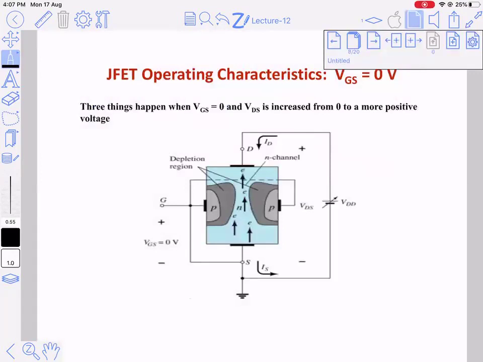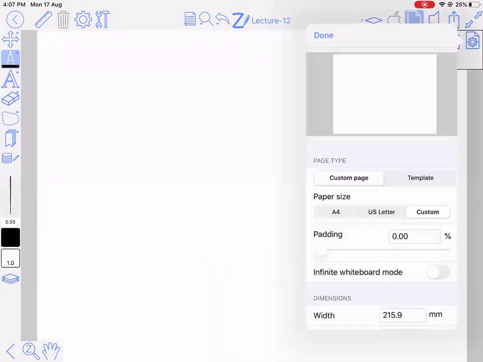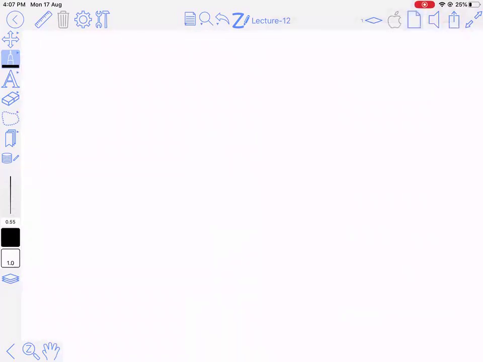And then we saw the working of a N-channel JFET, right? So we had the condition what happens when VGS is 0. So I'll just draw it again. This is N channel.